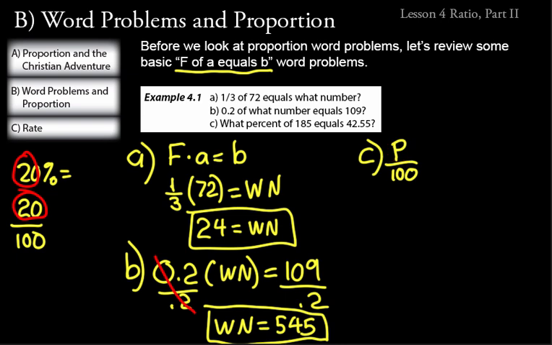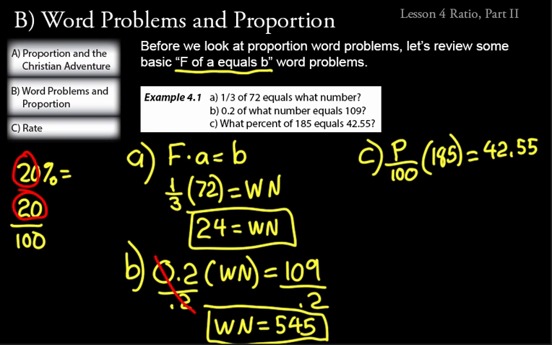So we'd say P over 100 of 185, so times 185 equals 42.55.